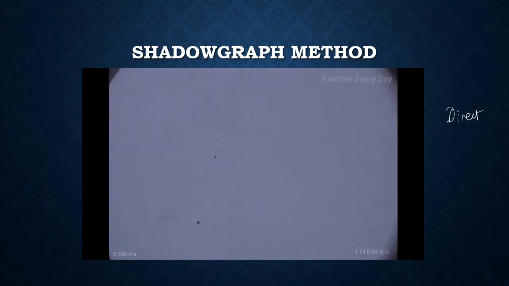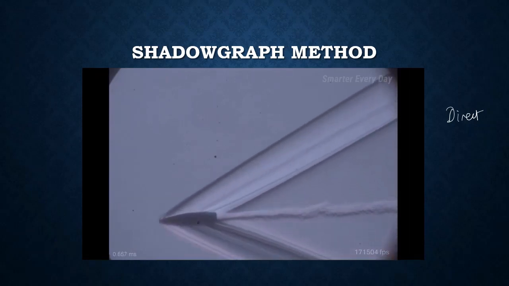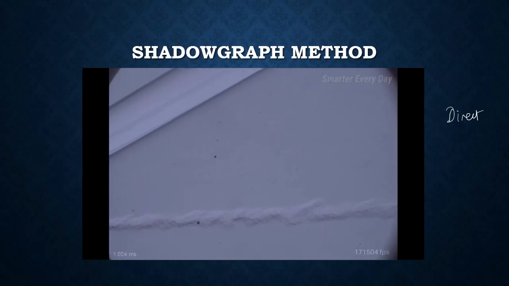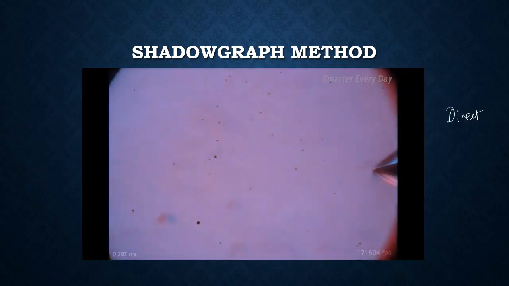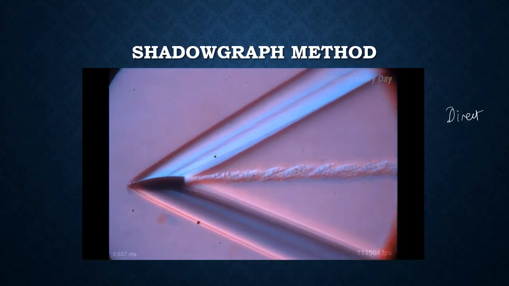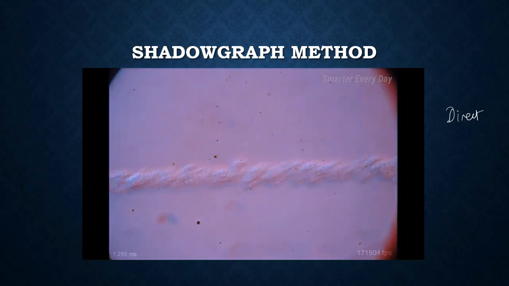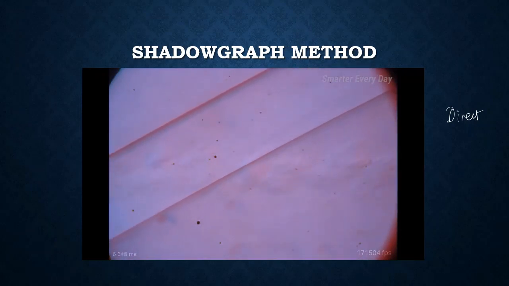So here, this is a bullet moving at supersonic speed. It produces an oblique shock wave around it. This bullet shape looks like a paraboloid or biconvex shape. This biconvex shape still produces Mach waves behind it.